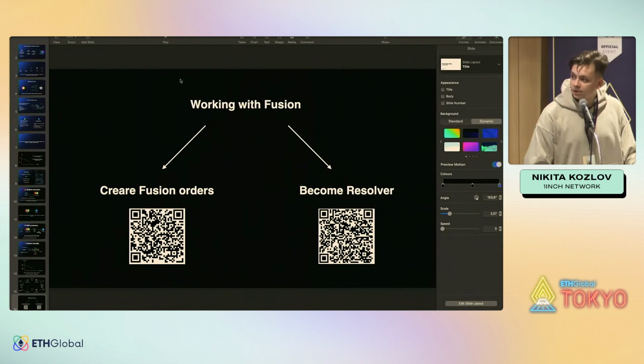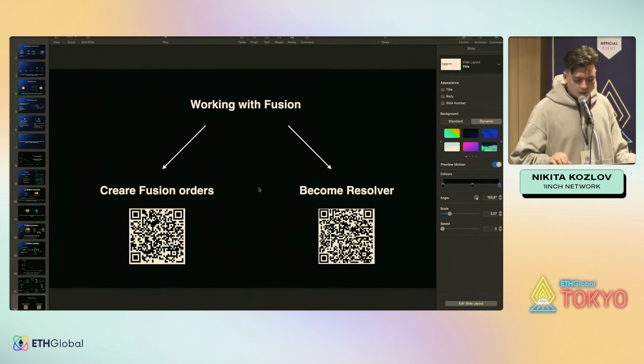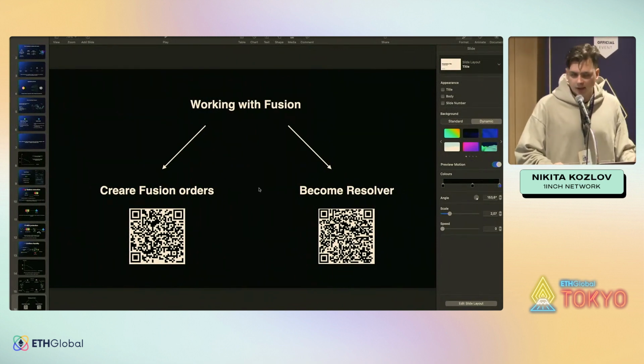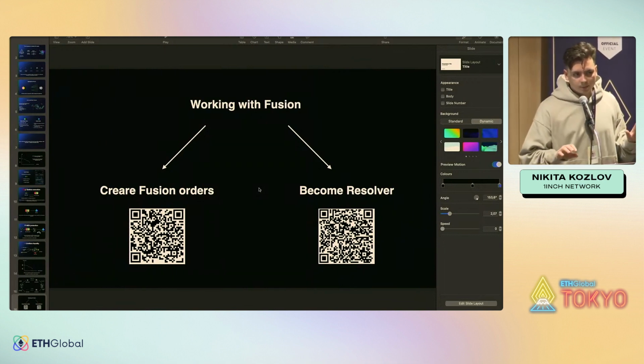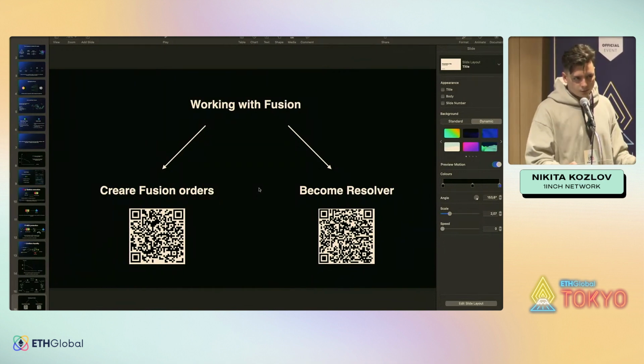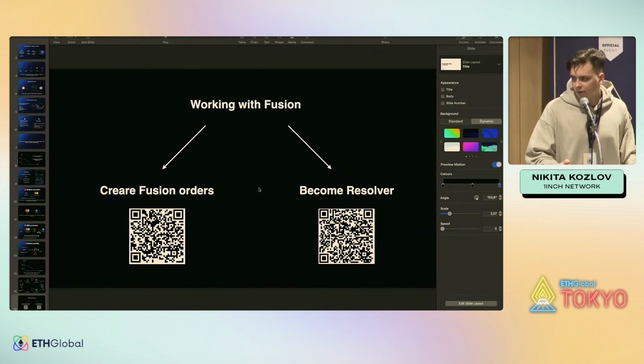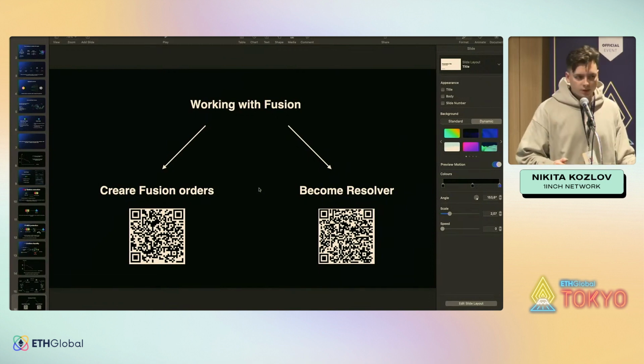And the second one is to become a resolver. If you want to become a resolver in the Vonage ecosystem, there are multiple steps you need to do. Basically, the first one, you need to have some Vonage tokens staked. You need to apply as a resolver, and all of that is pretty decentralized.